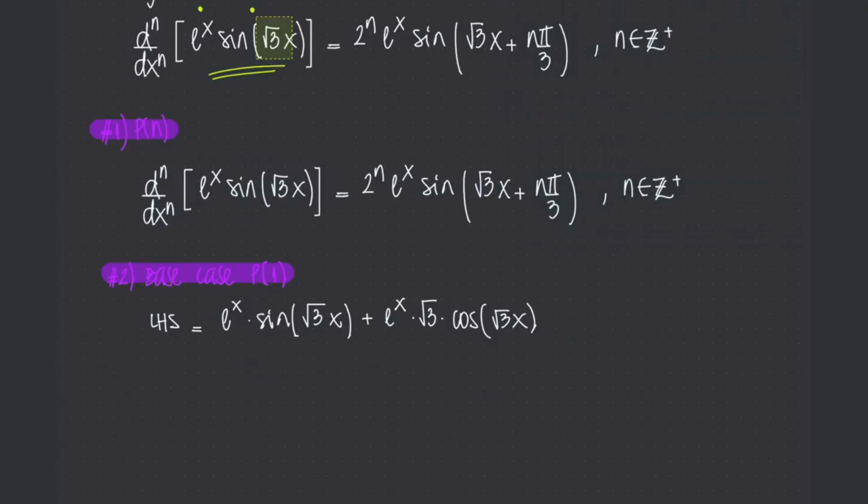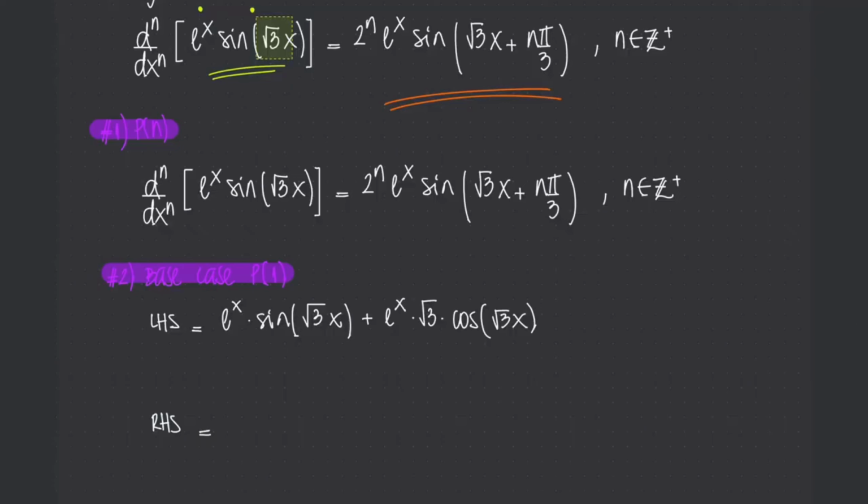Now, when you work with the right-hand side, it will look like you didn't prove the base case. The right-hand side is 2 to the first power times e to the x, and just remember we're replacing n by 1 over here and over here, times sine of root 3 times x plus 1 times pi over 3.